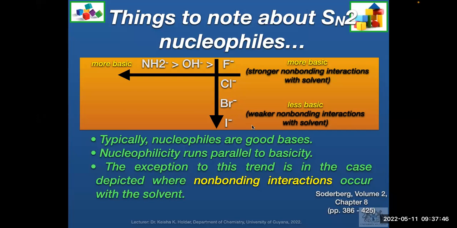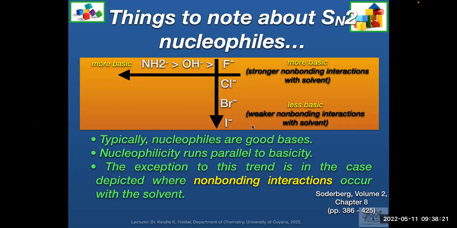So you would have been familiar with this slide, where we have for you the horizontal trends of the periodic elements, and we are seeing that essentially nucleophiles, we know that they are good bases. We also know that nucleophilicity typically runs parallel to basicity. However, we were introduced to some exceptions.